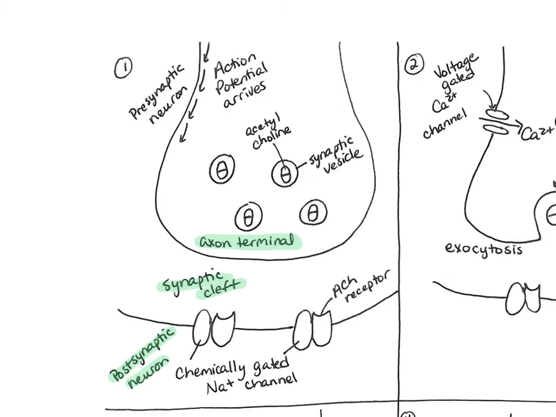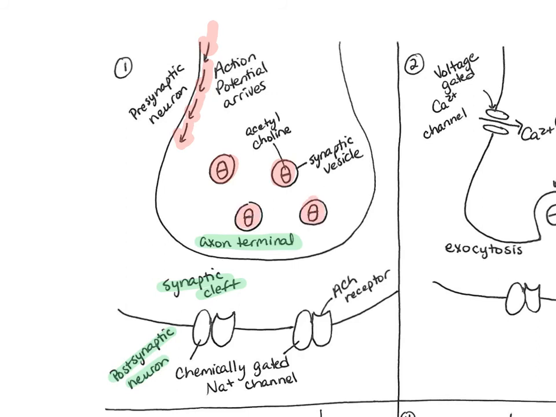So the action potential, the nerve impulse, is coming down that axon segment by segment, and it finally gets to the axon terminal. Now we said inside the axon terminal, we have these little vesicles, and they are filled with neurotransmitters.